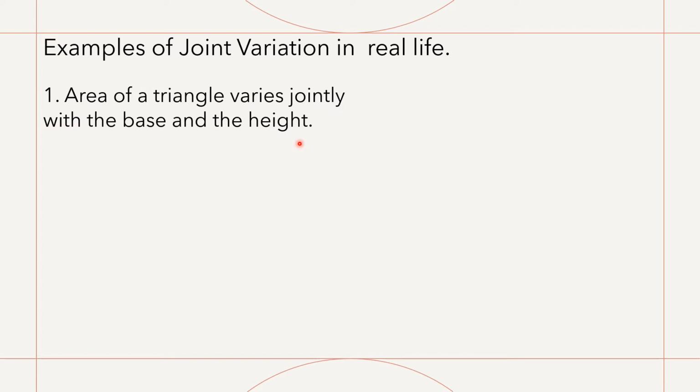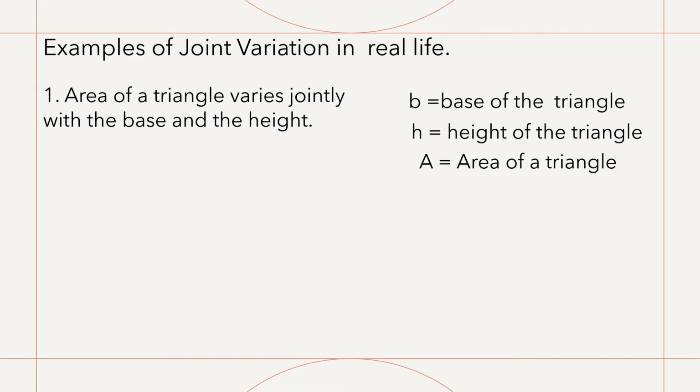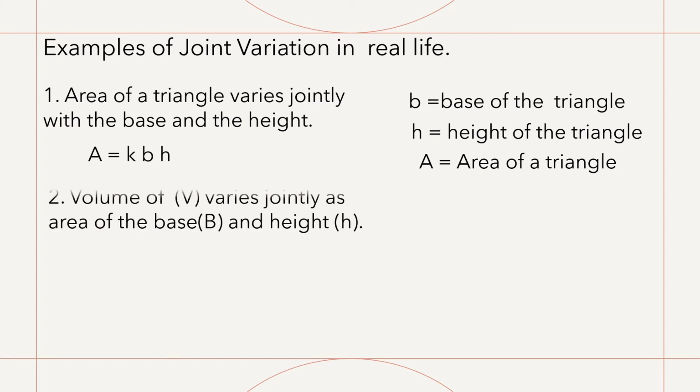If you remember the area of a triangle, the formula is what? 1/2 times base times height. B is the base, H is the height, and A is the area of the triangle. So if you write the joint variation equation, it should be A is equal to k times b times h.